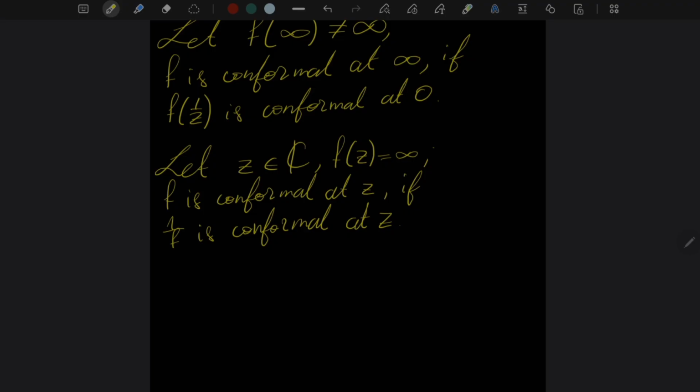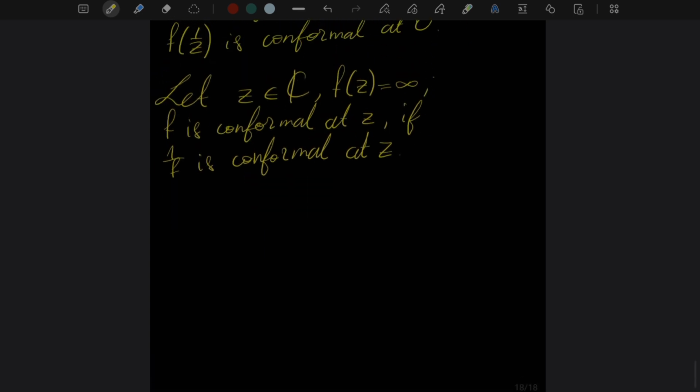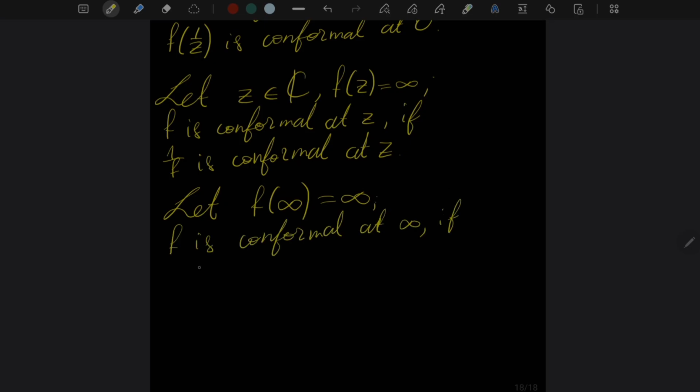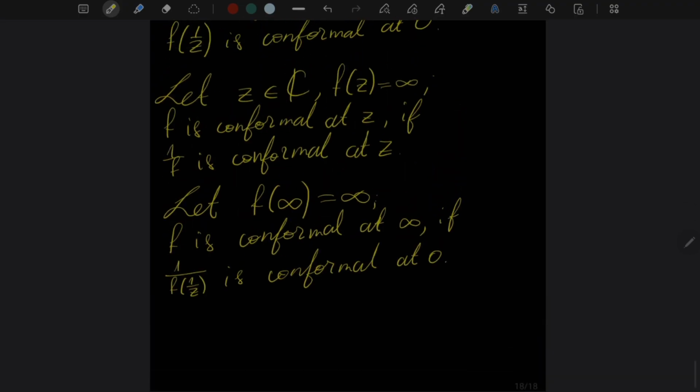We just take 1 over f, which is equal to 0 at that point, and we see if it is conformal. And similarly, if f at infinity is equal to infinity.